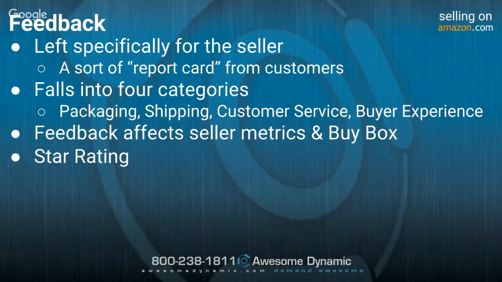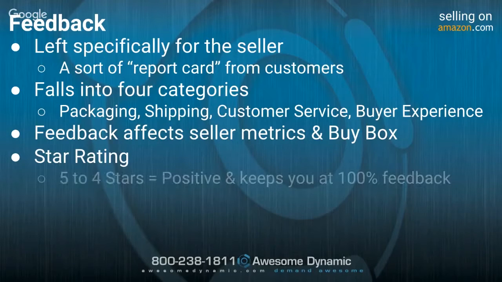All right, so the next item that we want to talk about is the star ratings for your feedback. The feedback is basically broken up into 3 groups when it comes to star ratings. If you get between 5 and 4 stars, Amazon considers that positive, and that will continue to keep you at 100% overall feedback ratings.